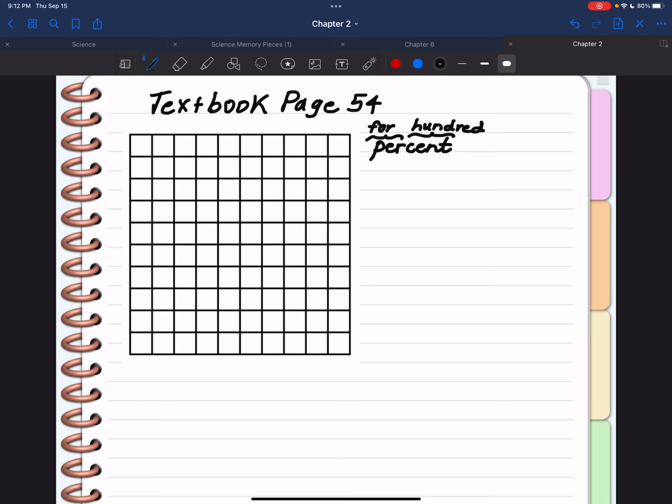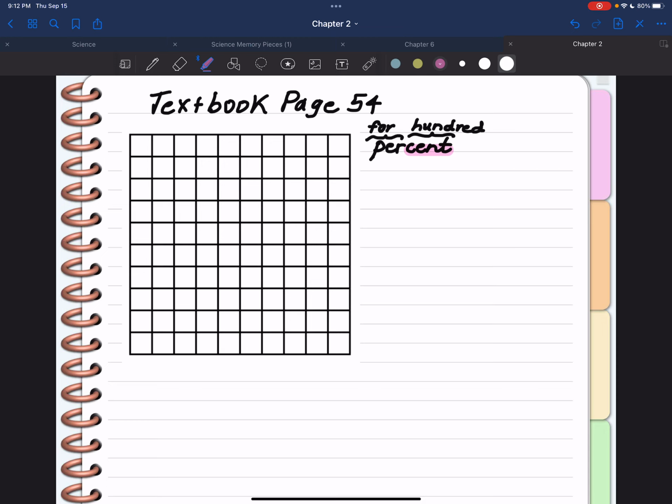Anytime you see cent as a root of a word, it's going to refer to 100. Like century is 100 years. There are 100 cents in a dollar. So the root cent refers to 100, and per just means for every 100 in this case.